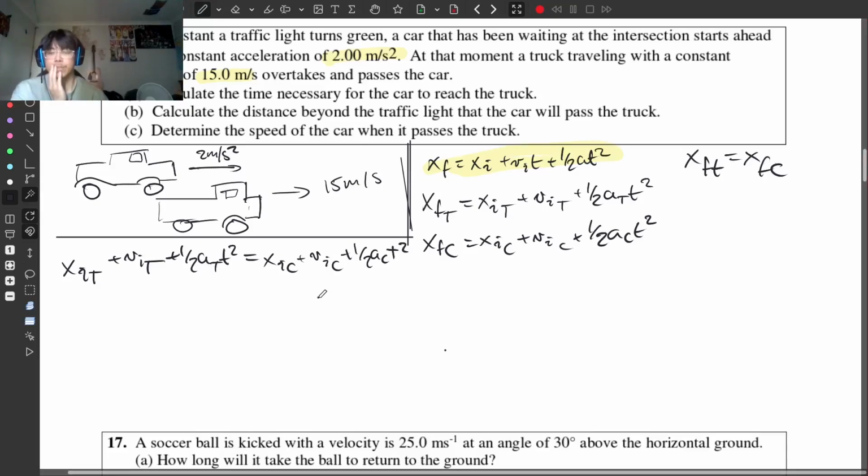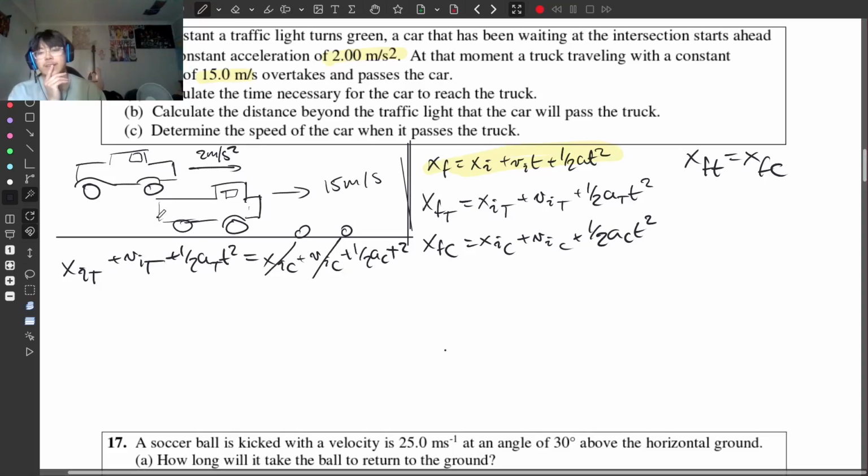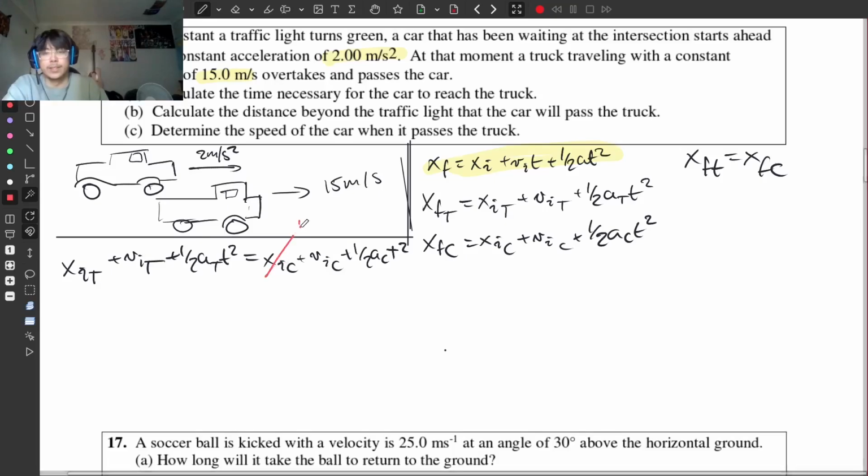And now we can try and do some simplifications. So we know that the initial displacement of the car is 0. And we know that the initial velocity of the car is 0. Now for the truck, we know that the acceleration is 0. It's not accelerating. So this is 0, this is 0, and then the acceleration of our truck is 0.